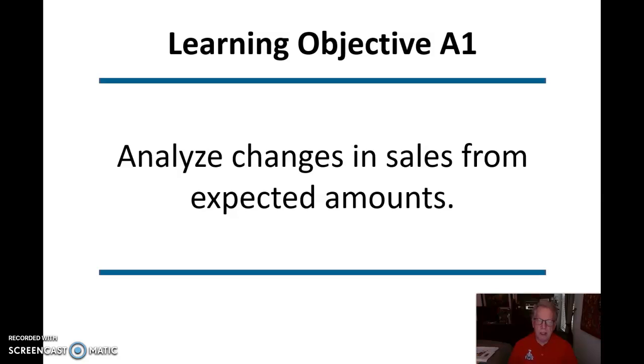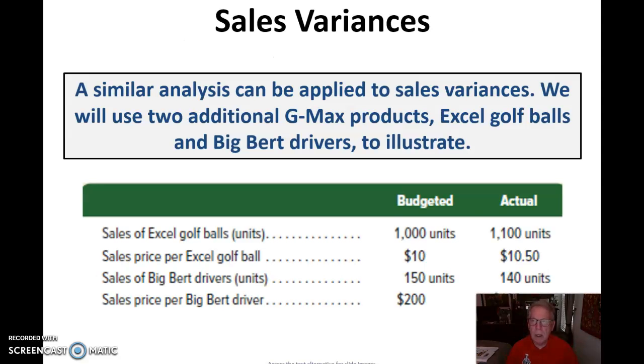So now we'll take a look at analyzing changes in sales from expected amounts. So a similar analysis can then be applied to these sales variances. We're going to use two additional G-Max products, Excel golf balls and Big Bert drivers, to illustrate.